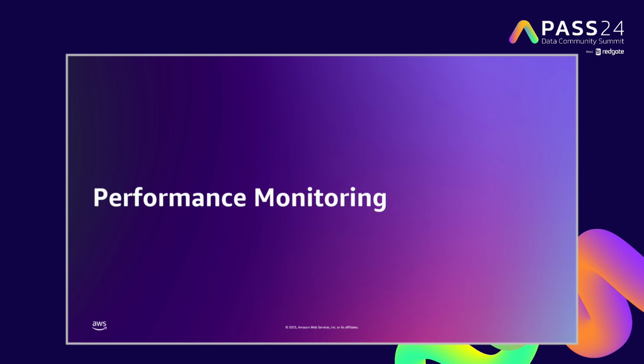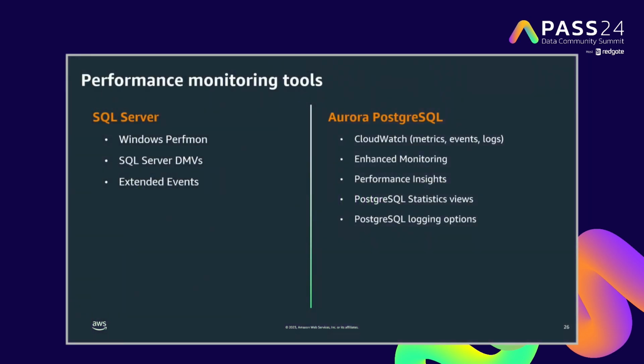And performance monitoring. I think SQL Server, by default, comes with perfmon and inbuilt DMVs and extended events. And I think it also comes with a kind of dashboard monitoring, right? But on Aurora Postgres, since it's a managed service, it comes with several monitoring tools.